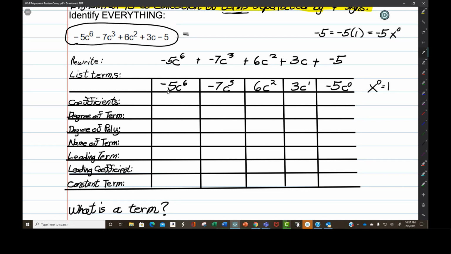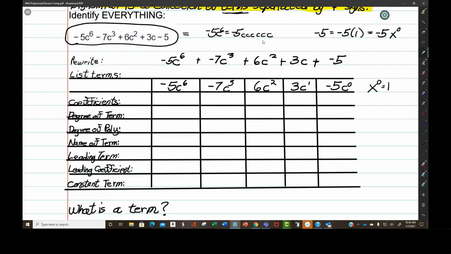First, notice that each of the numbers and letters that makes up a term consists of numbers that are multiplied by each other, and really like negative 5c to the 6th is really negative 5 times c times c times c times c times c times c. That's what negative 5 times c to the 6th is. Notice they're all multiplied by each other.